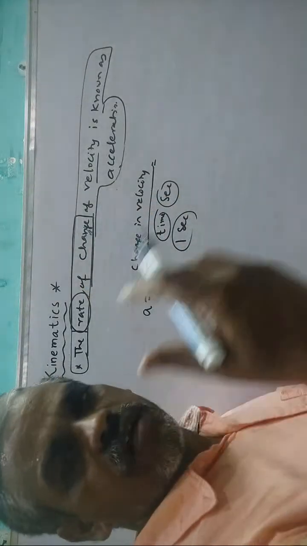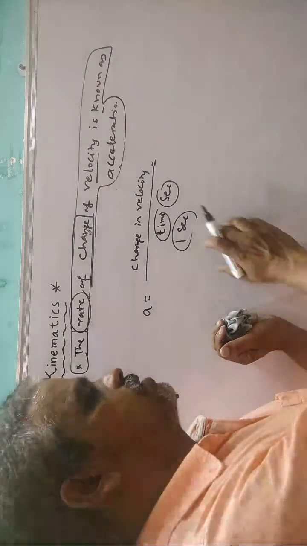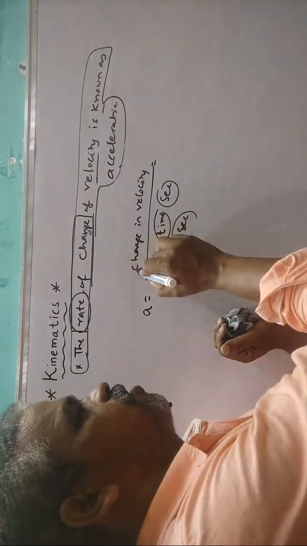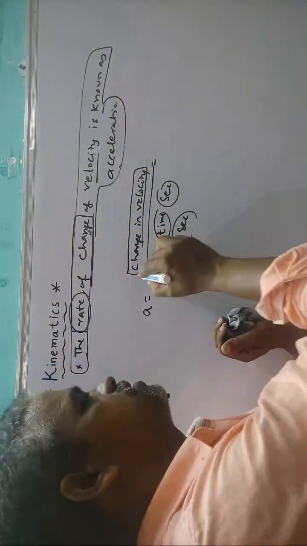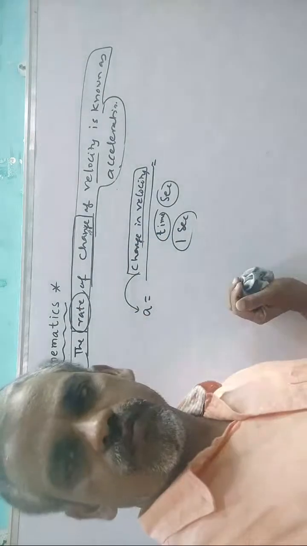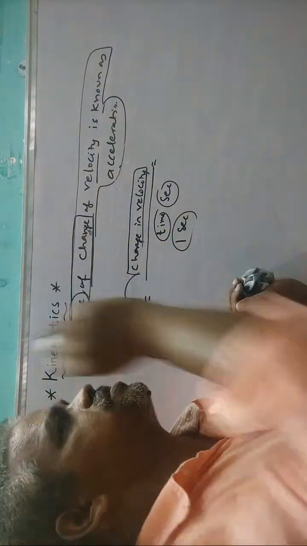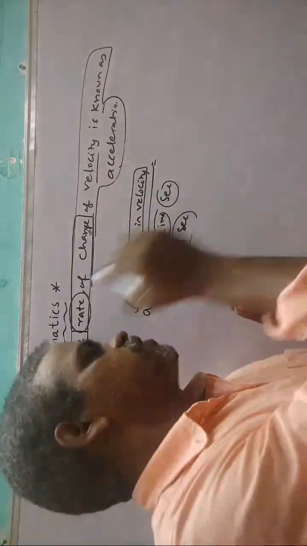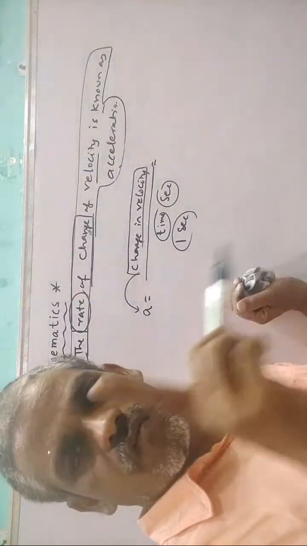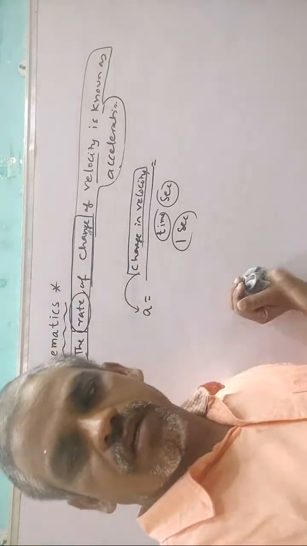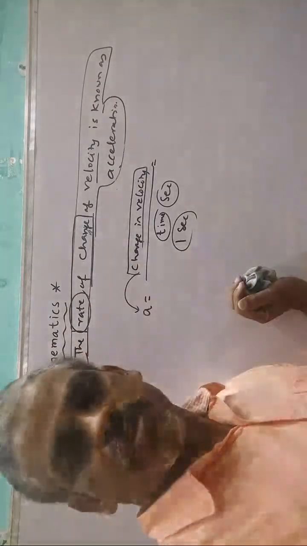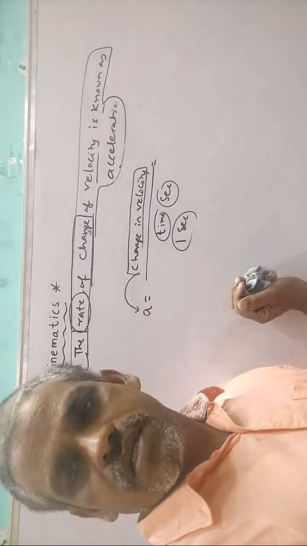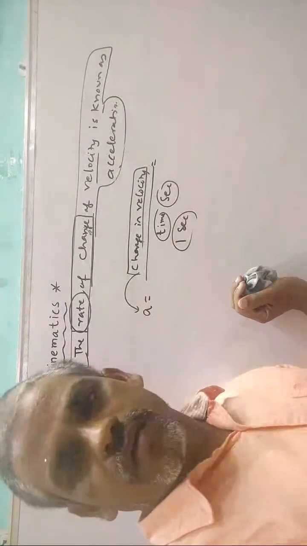If you want to define any physical quantity, you can define it like this: in 1 second, how much change in velocity? That is nothing but acceleration. It is only the rate of change of velocity in 1 second, in unit second. That is nothing but acceleration.